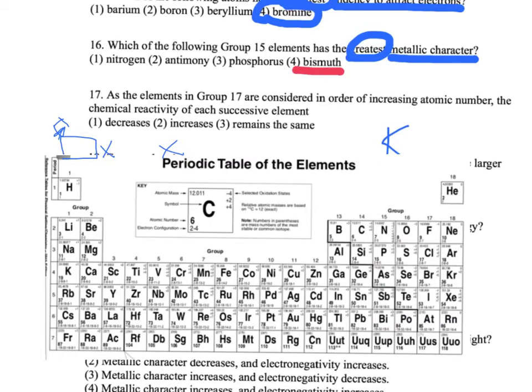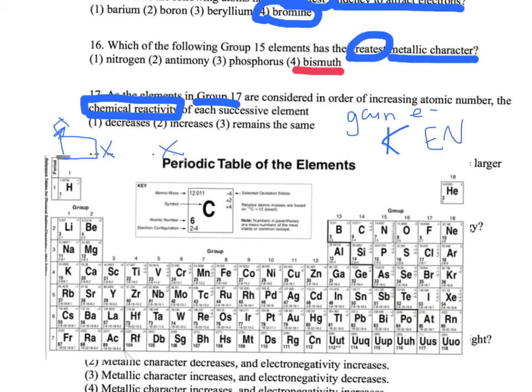Next, we're asked to look at group number 17, and we're asked to look at the chemical reactivity. So when I look at group number 17, which is here, I can see that the majority of the elements are nonmetals, and we can recall that nonmetals tend to gain electrons. Species that gain electrons the best are species that have the highest electronegativity.